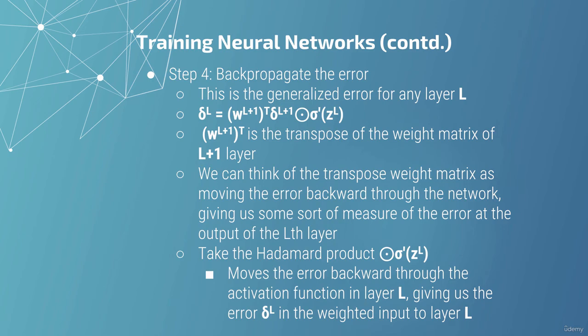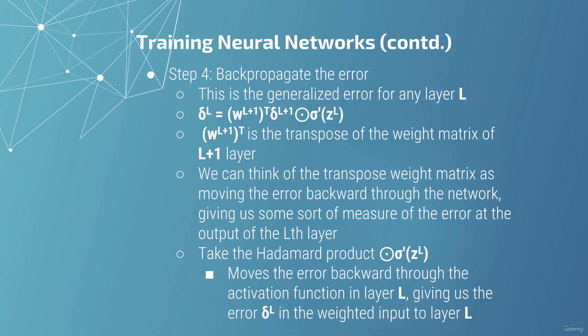So intuitively, this makes sense. We're getting the difference from the loss or cost function. We're backpropagating it, so we're moving this error, this difference, backwards from the output of the neural network all the way to the input, closer and closer. And we stop at some layer L, which we want to fix the weights and biases for.